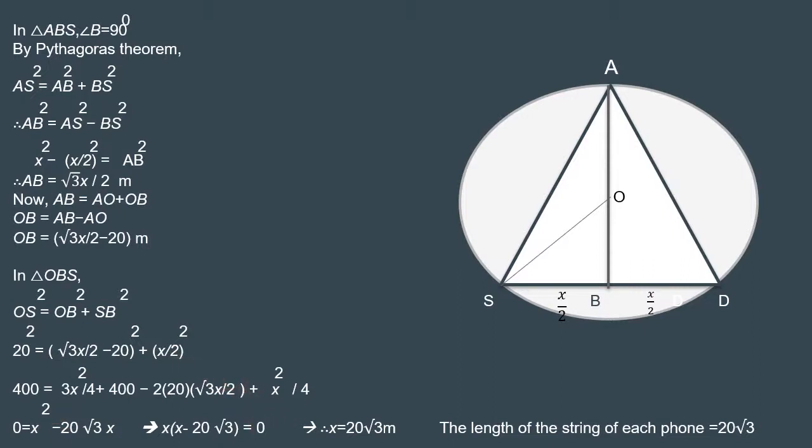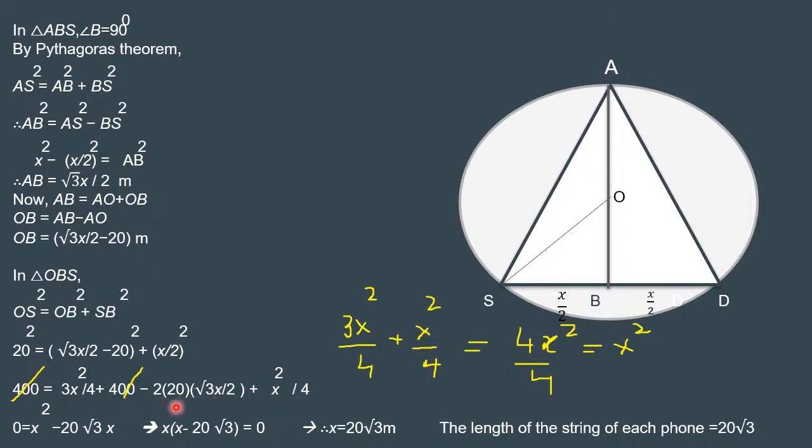So now this 400 and this 400 will get cancelled and then 3x square by 4 plus x square by 4, you'll get 4x square by 4. 4 will get cancelled, you'll get x square.